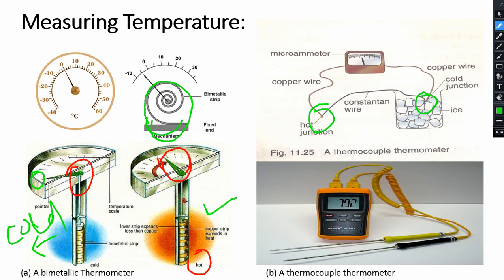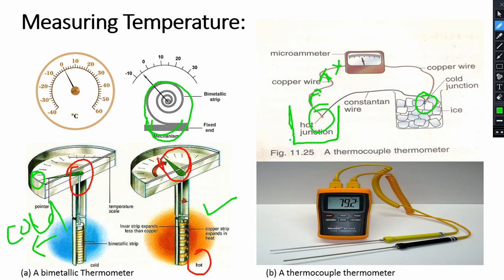What will happen if, for example, you put this hot junction in hot water? The temperature of the hot water increases, so the electrons will start moving from this water into this wire.